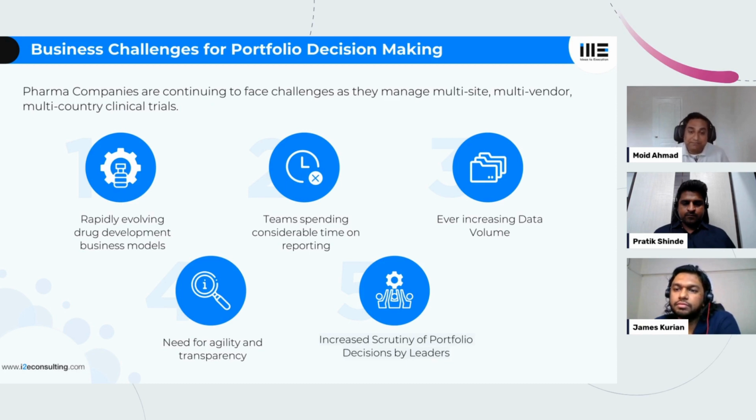Then we are talking about ever increasing data volume. Definitely, everybody wants more and more data. To give an example of clinical trials, the clinical trial data itself is increasing in volume, and now the organizations are pushing for RWD, which is real world data, as well.